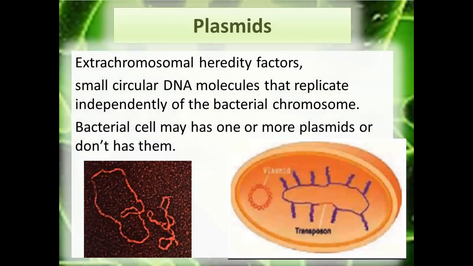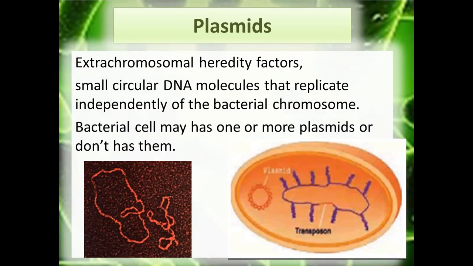Bacteria have only one chromosome, but they also possess extrachromosomal hereditary factors named plasmids. Plasmids are small circular DNA molecules that replicate independently of the bacterial chromosome. And here you see an electron micrograph of a plasmid. See, it's circular. And plasmids are not necessary elements of bacterial cells.